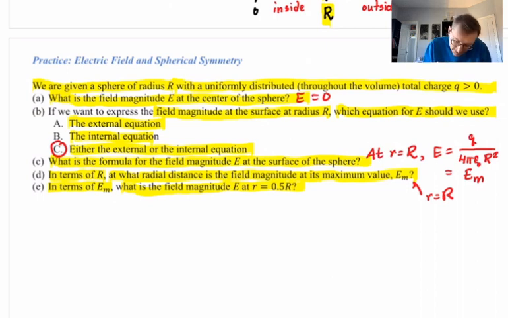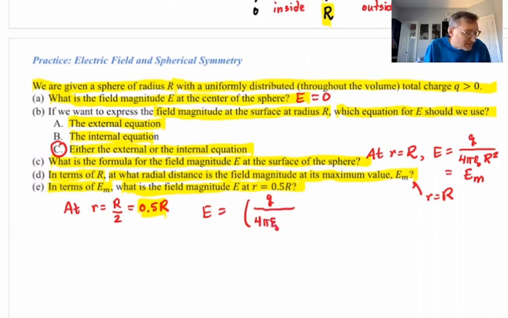Okay, did you think about it? Did you get a result? So we are at, here's a way to write it, big R over 2, right? Or 0.5 big R. That's the little r. What's the E? Well, first of all, note, that's an interior point, right? So you got to use the interior field result. Be careful to use the correct one. So that's Q total over 4 pi epsilon 0 big R cubed times little r, 0.5 times big R. That's the little r value.